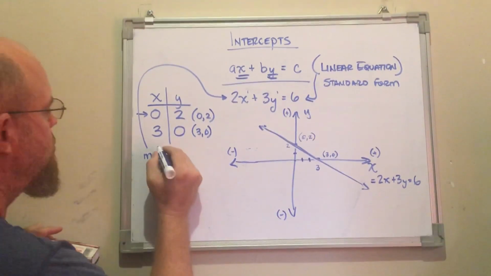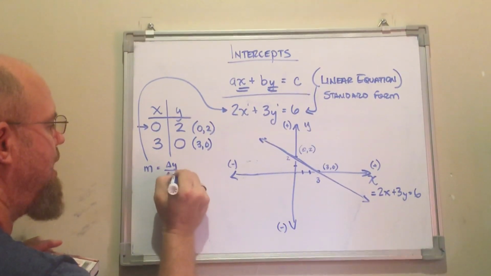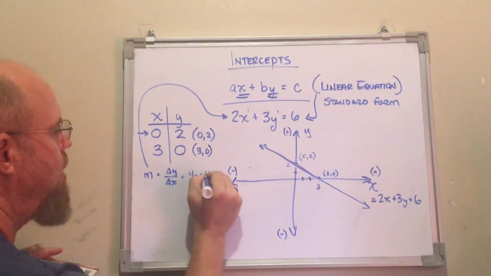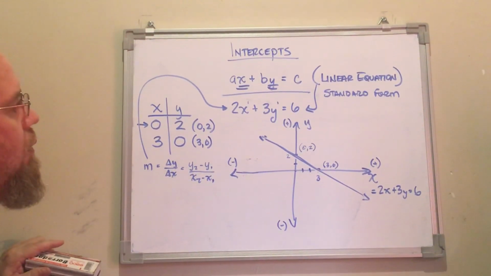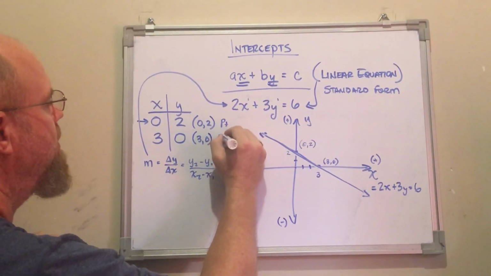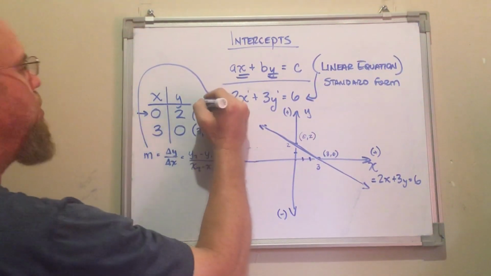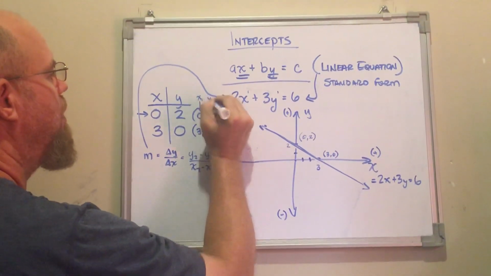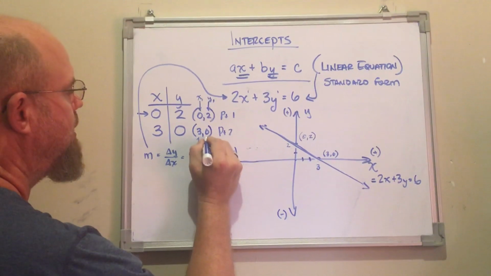Well, the slope is the same thing as the change in y over the change in x, which also equals y2 minus y1 over x2 minus x1. Well, this is going to be point 1, and this will be point 2, right? So if this is point 1, then this is x1, and that is y1. And if this is point 2, that'll be x2, and that is y2.